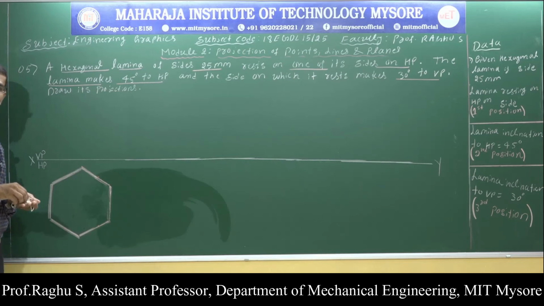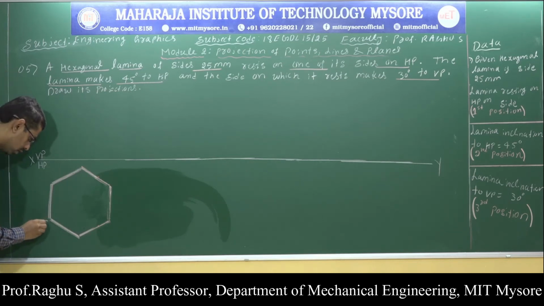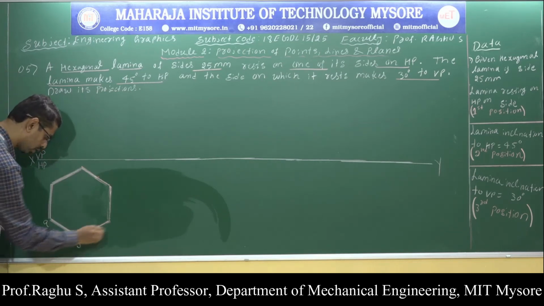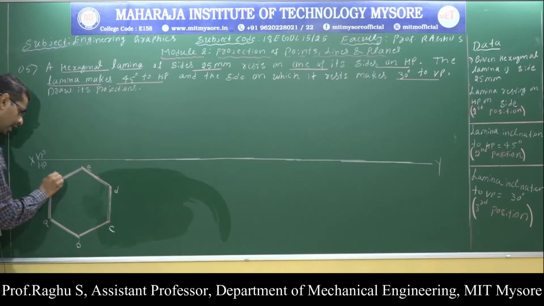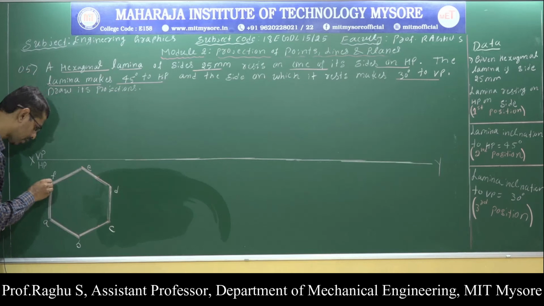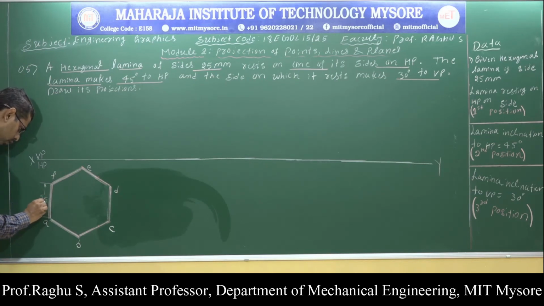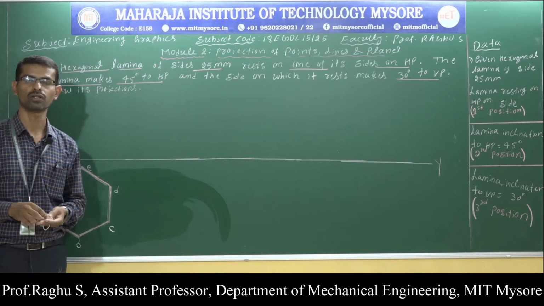Then do the namings: corner A, B, C, D, E and F. Then indicate the dimension. Draw an extension line from the lamina, then draw a dimension line and indicate the number 25. So I have completed the first position, top view.